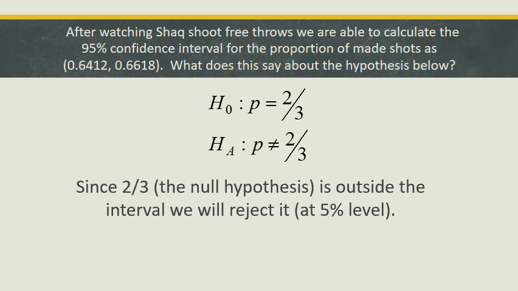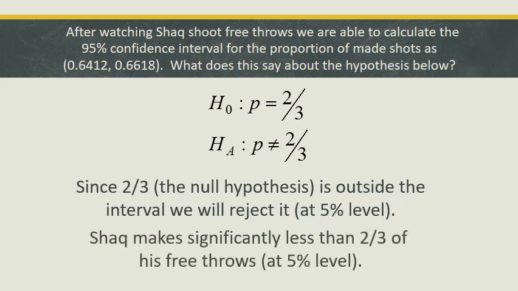It has to be 5% level since the confidence level was 95%. Furthermore, it proves that Shaq makes less than 2/3 of his free throws because this entire interval lies below the null hypothesis.